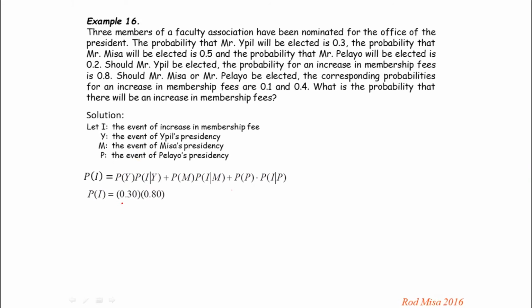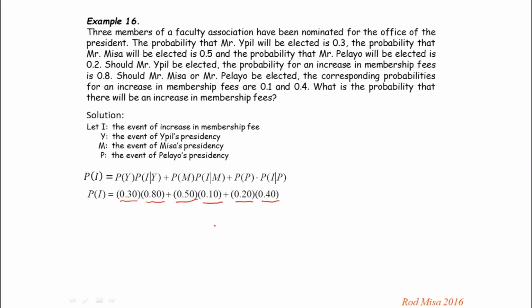And we know that Mr. Ipil's winning probability is 30%, and it is also given in the problem that he will impose an increase of the membership fee by 80%, added to the probability of Mr. Misa of winning the election, which is equal to 50%, and the probability of Mr. Misa of increasing the membership fee is 10%, plus the probability of Mr. Pelayo's winning the election by 20% multiplied by the probability that he will increase the membership fee of 40%.